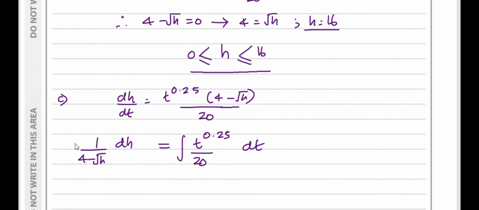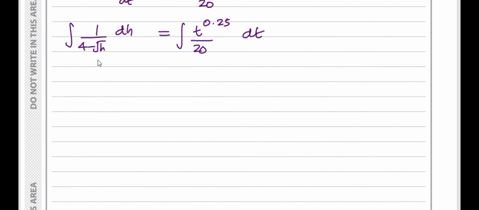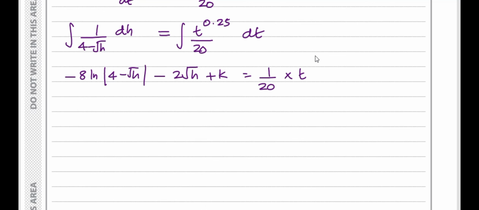Immediately write the integrals also, because dh and dt do not exist without the integral signs. We already know the integral of the left hand side, that's equal to minus 8 ln 4 minus square root of h minus 2 square root of h, and there is a k which we will move to the right hand side, equals, integrating the right hand side, keep 1 over 20 times t to the power of 0.25 plus 1 is 1.25 times 1 over 1.25 plus, let's say this is k2.